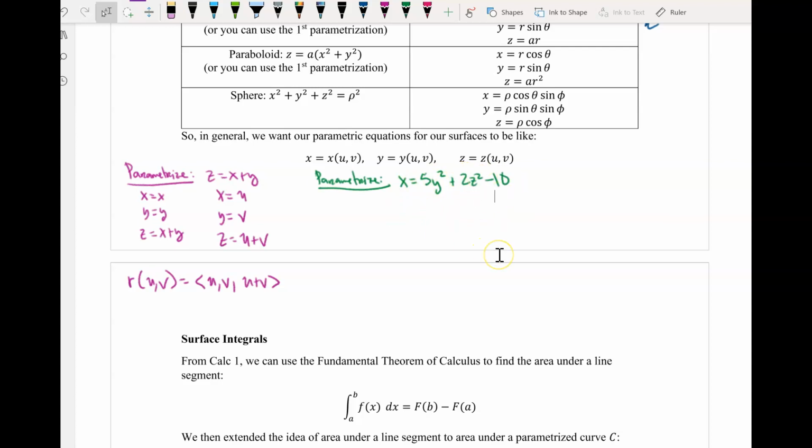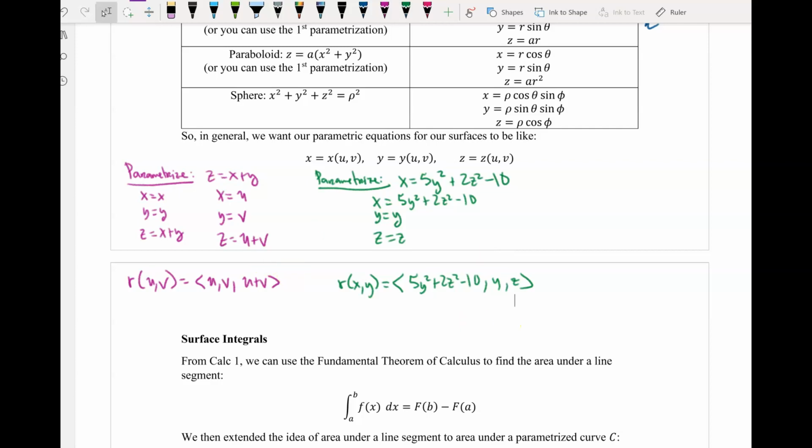So we can let y equal y, z equals z, and then just let x equal 5y squared plus 2z squared minus 10. Basically our function, r of u v, is just going to be 5y squared plus 2z squared minus 10, y, and z. So that's something that we can do.